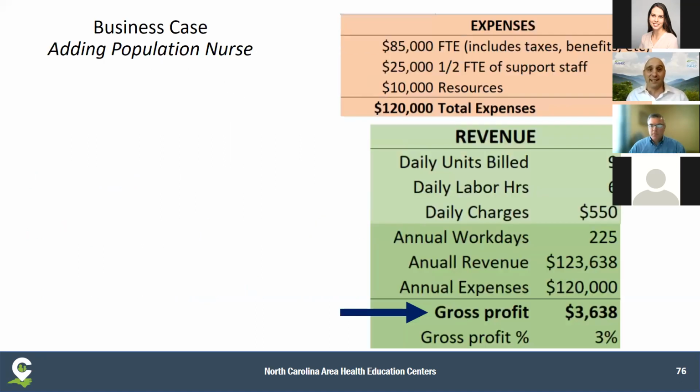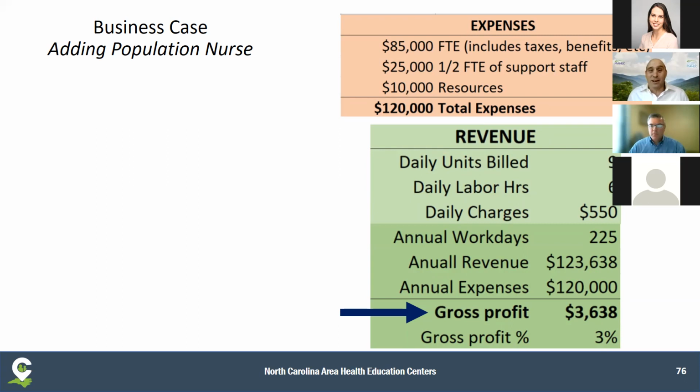So here we are tying it together: expenses, revenues. Right, we got about 120 grand in expenses in a year, and I think we can get over $500 a day. And again, I'm being conservative in work days, 225 work days. That's about 46 weeks. Right, so I'm building in 6 weeks for vacation, training, and other projects.